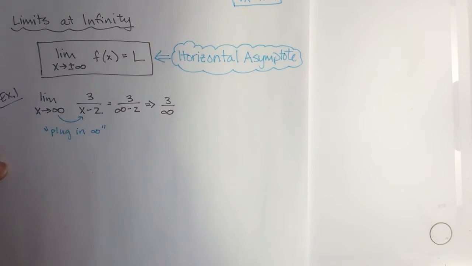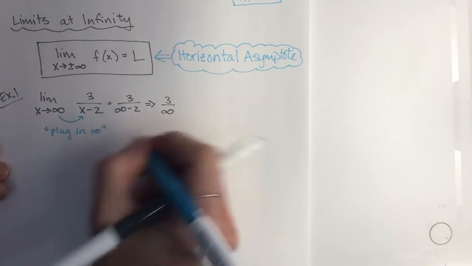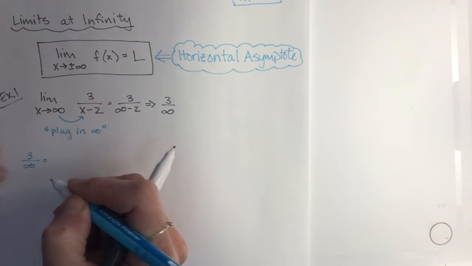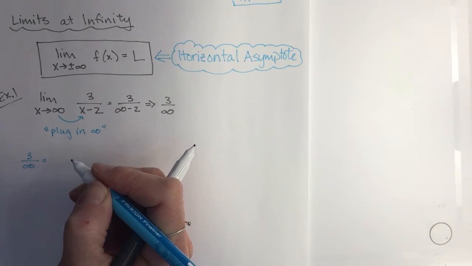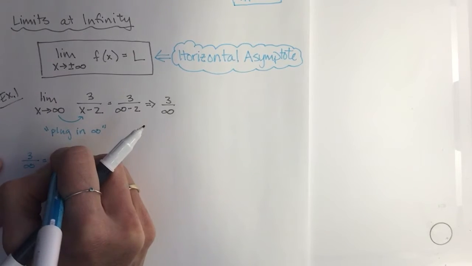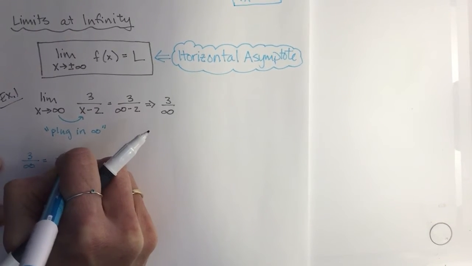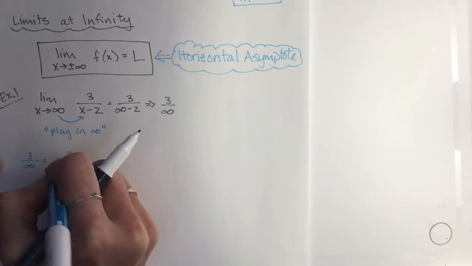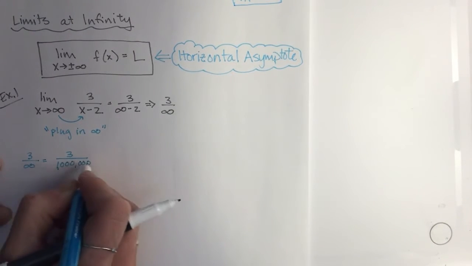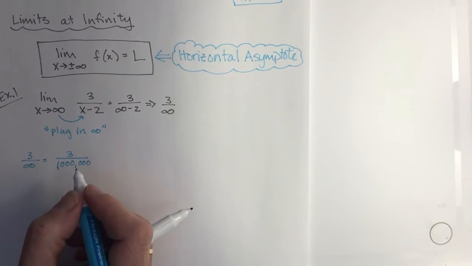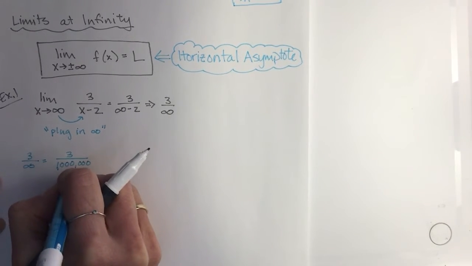And if you think of this 3 over infinity, let's say I can't really think of infinity. I say it's like a million, okay? That's kind of like infinity for me, because if I had $1 million, that would be so awesome, right? So 3 over a million, this is a very, very, very small fraction, right?